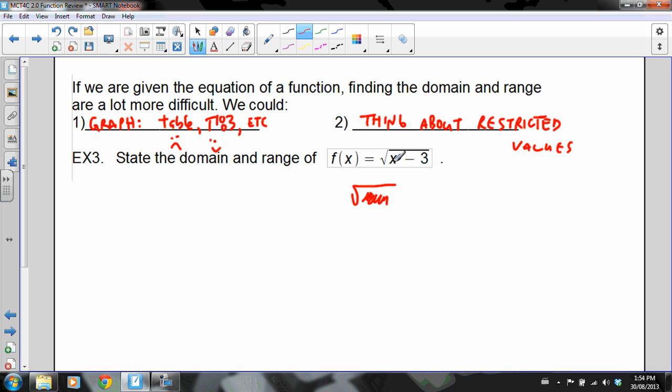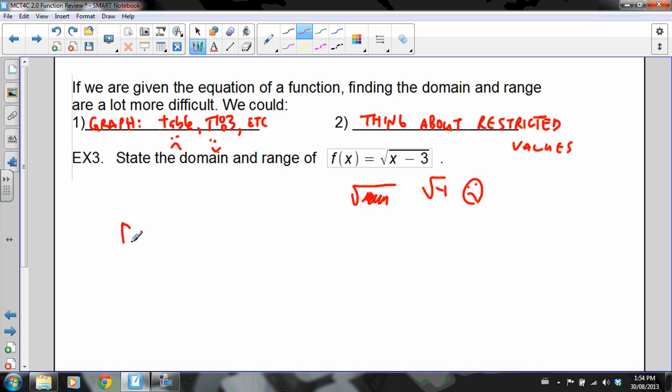Well, what values of x would make the cutoff? Notice if x is 4, it's fine. Even if x is 3, 3 subtract 3 is 0, the square root of 0 is 0, and that's fine. So, in fact, anything less than 3, that's bad. If x is 2, 2 subtract 3 is -1, the square root of -1 is bad, right? That one we don't know, so we can't do that.